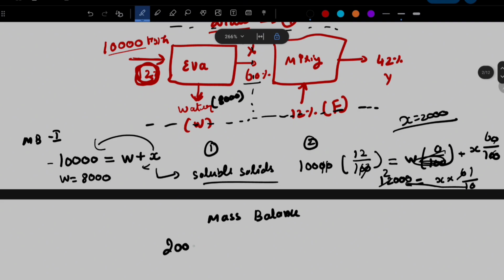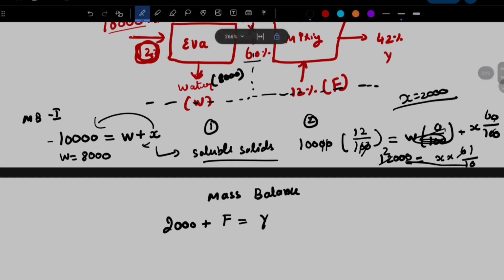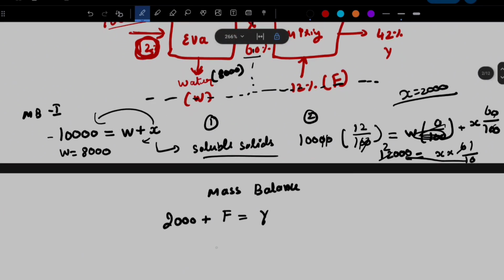So 2000 plus, I am adding F. I don't know how much F we are adding. F means fresh juice, right? And I am getting Y out of it. In this one, let's do the same mass balance of soluble solids.